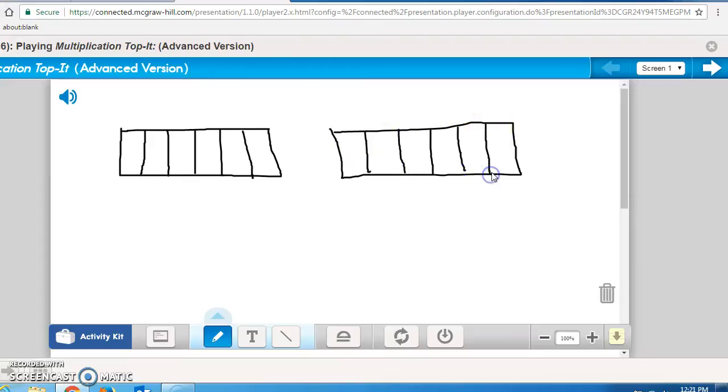There we go. So we have 6 equal pieces. 6 friends. So if I have 6 friends in this one, and I'm going to go ahead and draw my 6 people. There are my 6 friends.